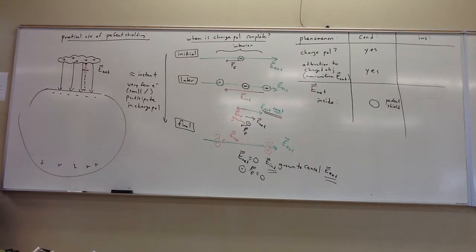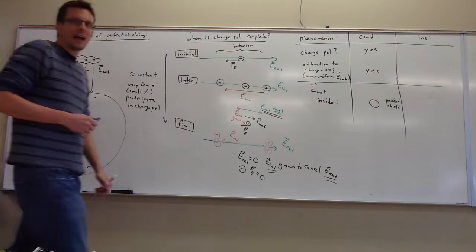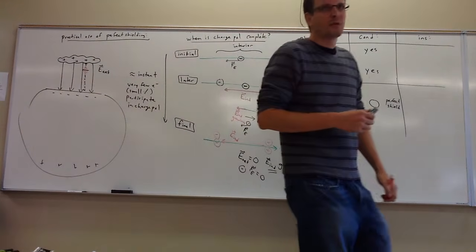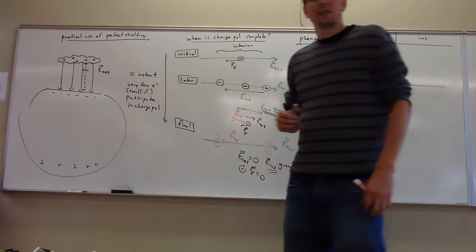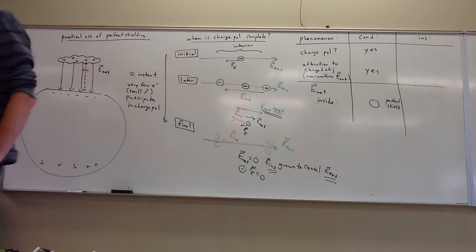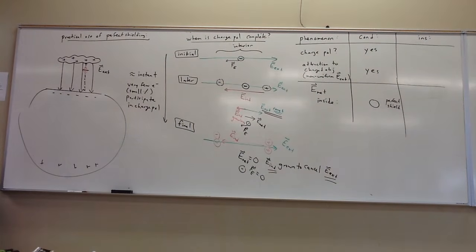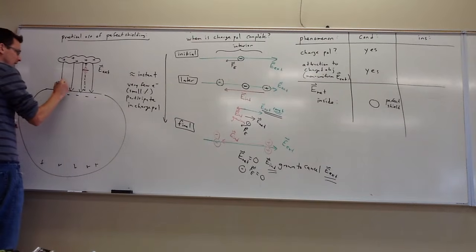So one of the safest places that you can go in a lightning storm is into your car. And that has nothing to do with the fact that it has rubber tires. It has to do with the fact that you're surrounded by a conductor. Okay? So you can take advantage of this perfect shielding. So if it's you here in your car, I'll just draw it as a box.